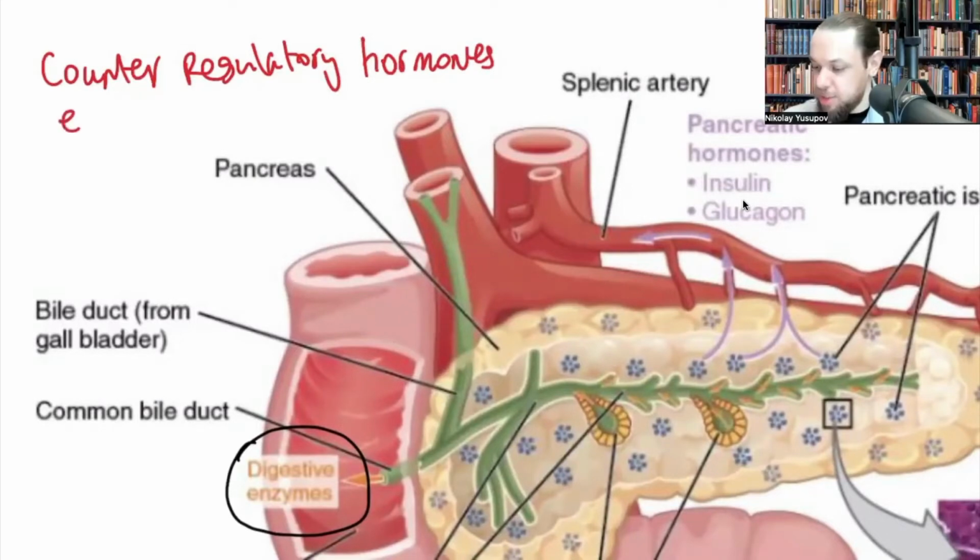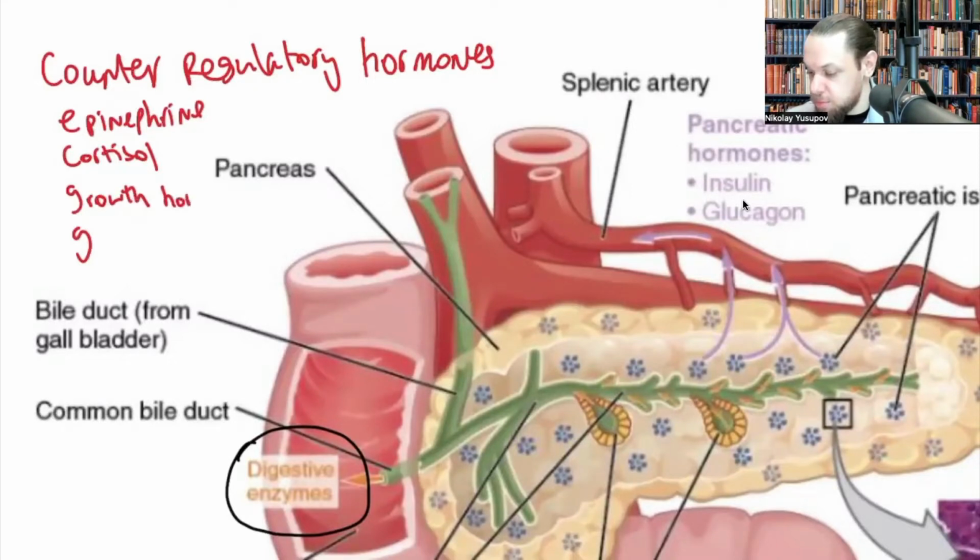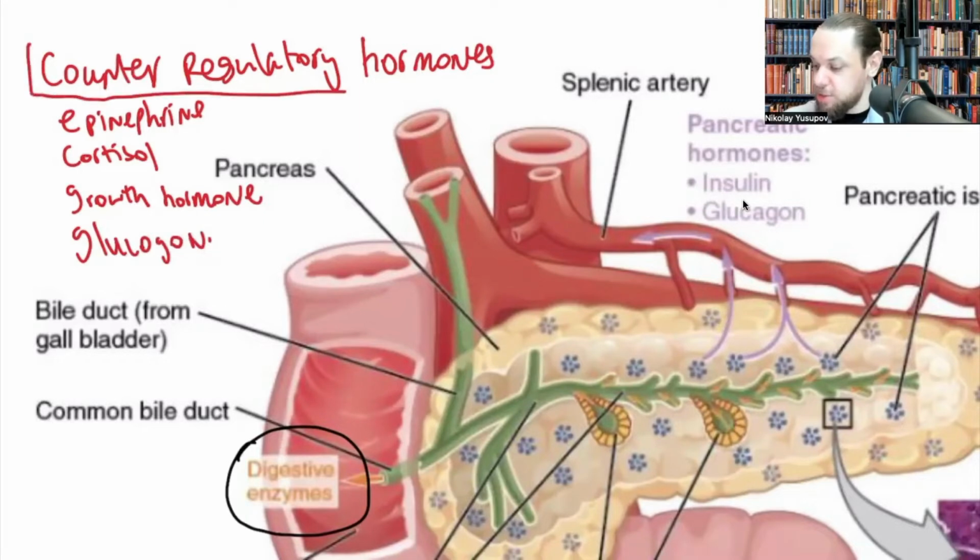What they are is this: epinephrine, cortisol, growth hormone, and glucagon. So when your body is in stress, it's going to release these counter-regulatory hormones.